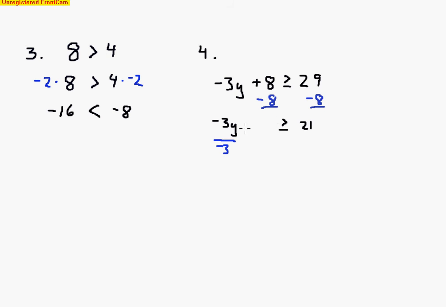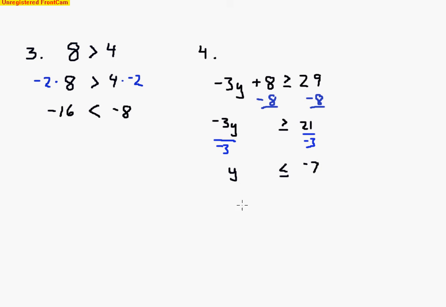So here, this number, which is now bigger than 21, is now going to end up being smaller because we divide by the negative, which cancels out the negatives here. And we end up with y is now less than or equal to, and then we do the division here, we end up with negative 7.